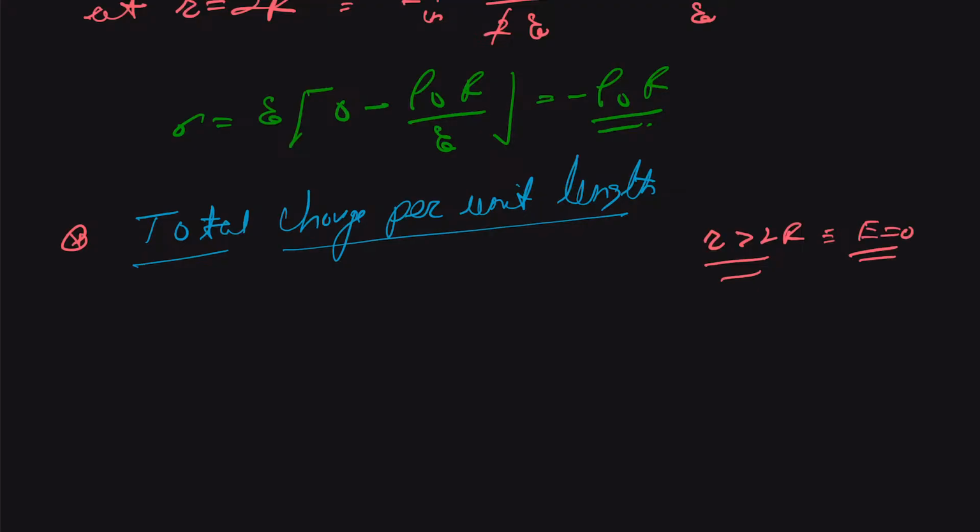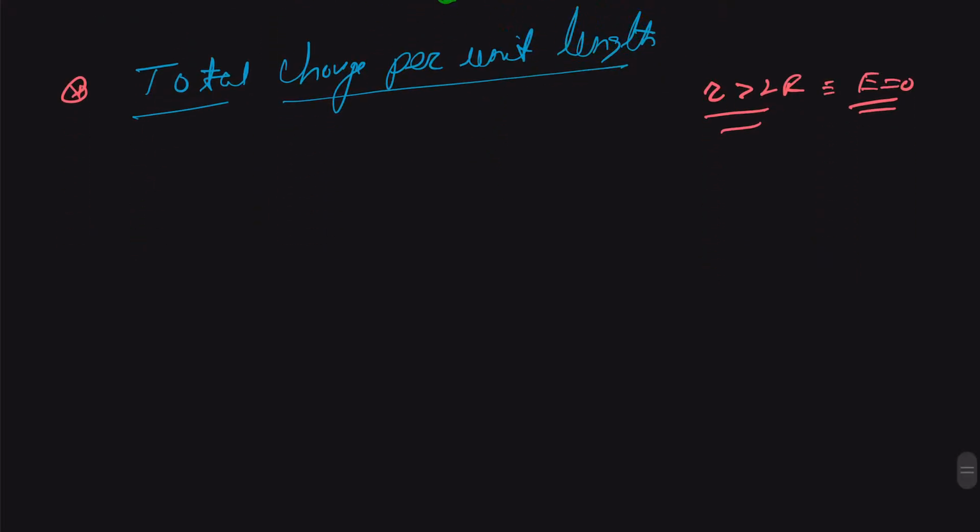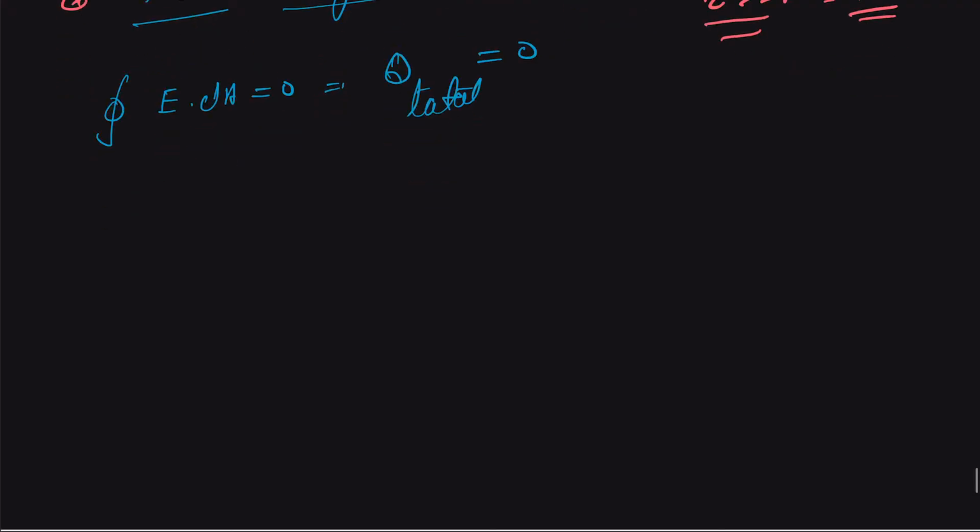This we are very much sure of. Okay. So we can simply use for a closed surface, the integral of E dot dA will be equal to 0. So it means the total charge in the enclosed surface will be equal to 0, and charge per unit length is nothing but our linear charge density. So lambda total will be equal to 0.